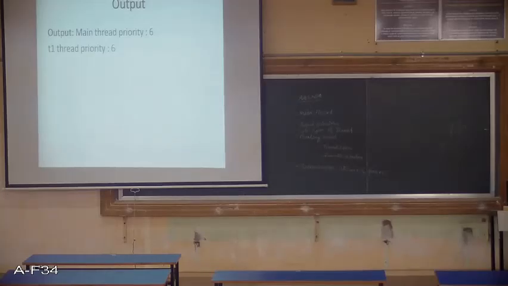So, it depends on the thread scheduler's algorithm, what type of algorithm, whether it is round robin or first come, first served. And if we are using thread priority for thread scheduling, then we should always keep in mind that the underlying platform should provide support for scheduling based on thread priority, isn't it?